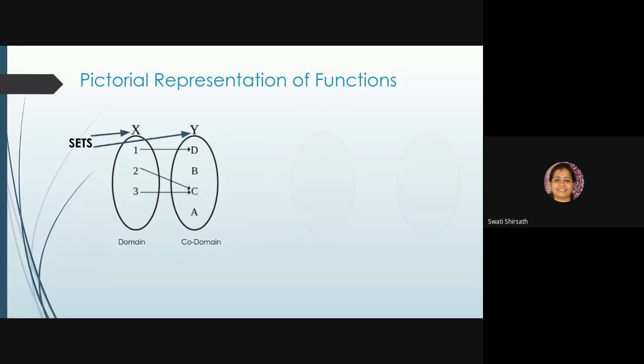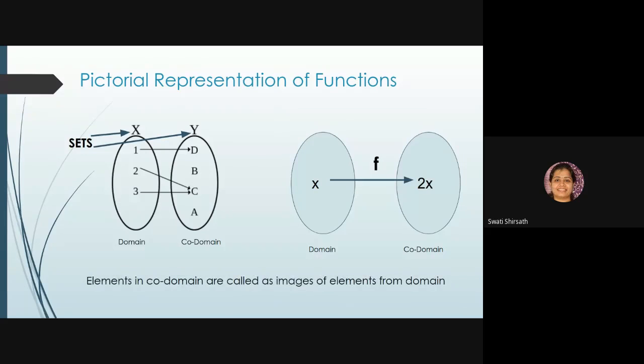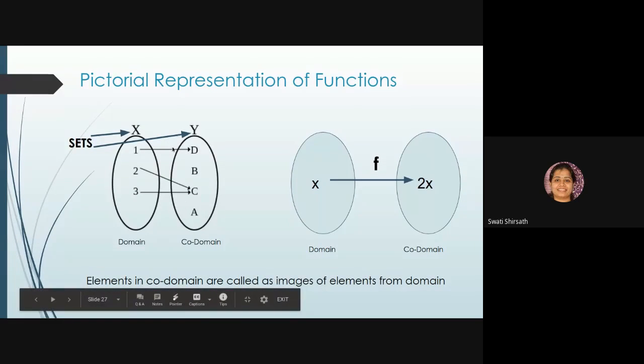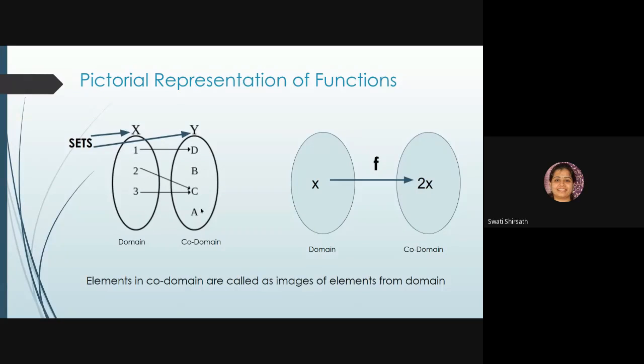Is there any doubt what is a function and which mapping is not a function? Also, elements in the codomain are called images of the elements from the domain. So these 1, 2, 3 have images in the codomain. So these are also called images.